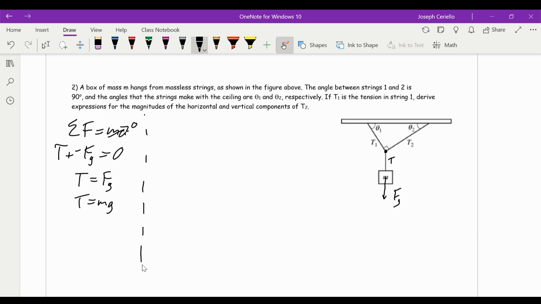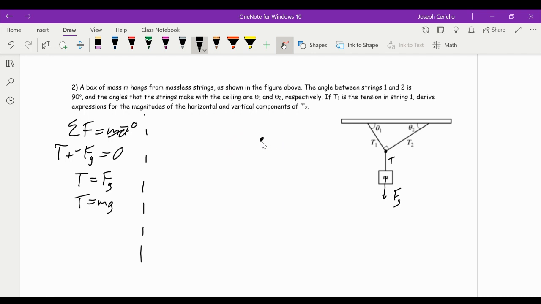It's kind of the obvious place to draw it, because you can get those X and Y components pretty easily there for T1 and T2. So if I were to draw a free body diagram for that object, I would just have T1, T2, and T. I'm going to redraw it, and as I redraw it, I'm going to put the components in.